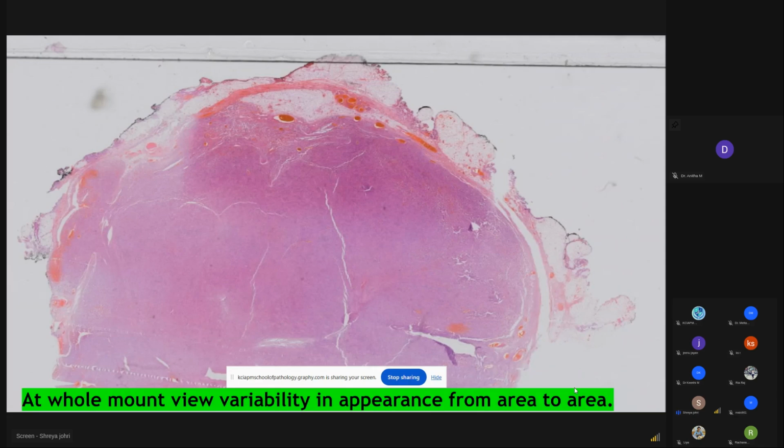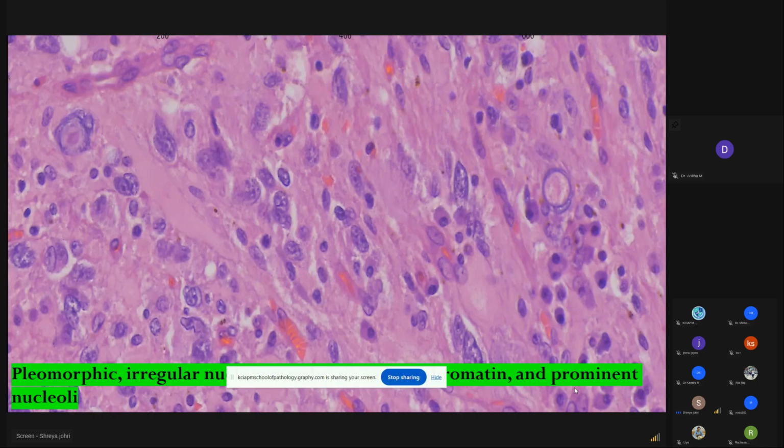At whole mount view, there is variability in appearance from area to area. Cells are pleomorphic with irregular nuclear membrane and prominent nucleoli. Open chromatin and prominent nucleoli can be seen.